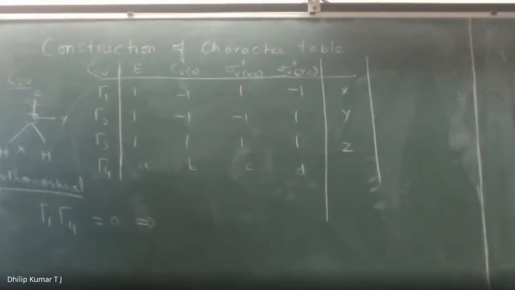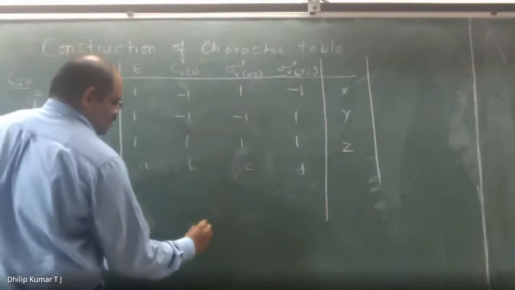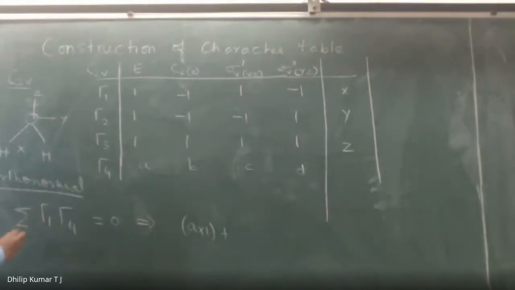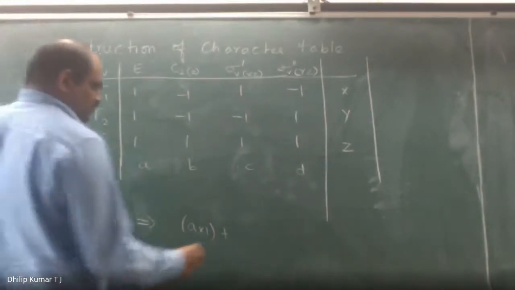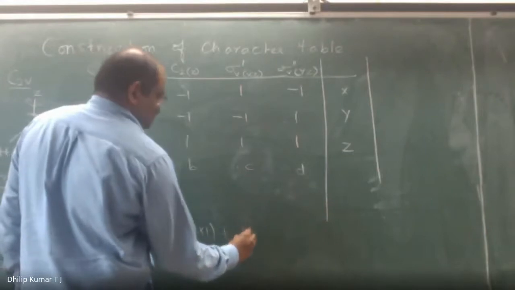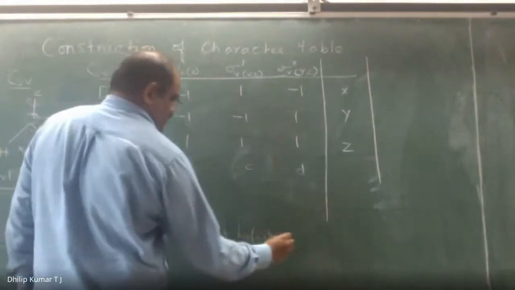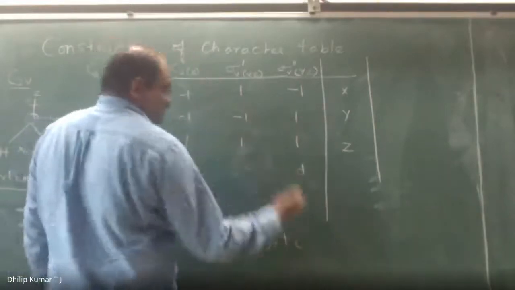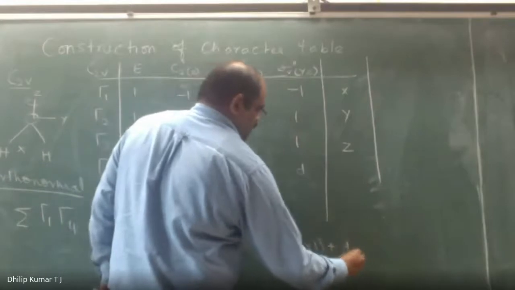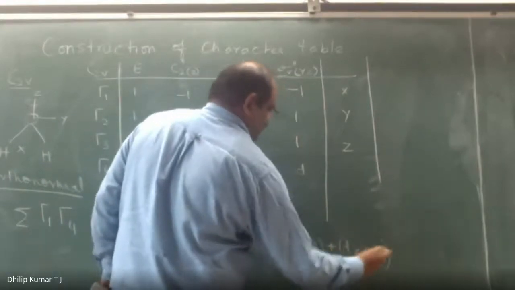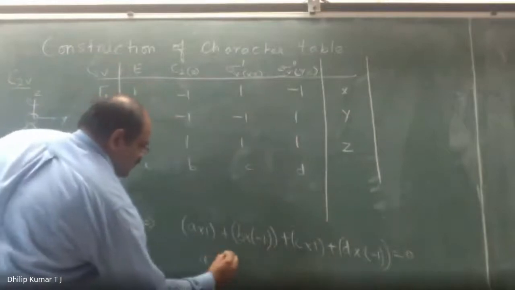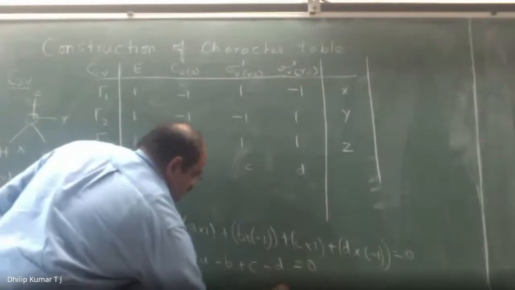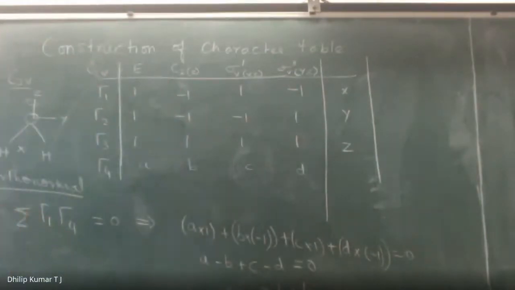So this is A into 1, B into minus 1, C into 1, and D into minus 1, equal to 0. So this is A minus B plus C minus D equal to 0. So A plus C equals B plus D. This is one relation I get.